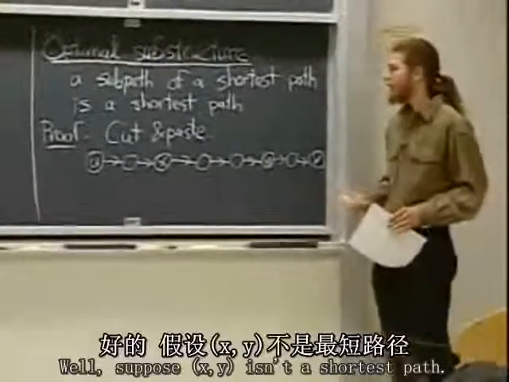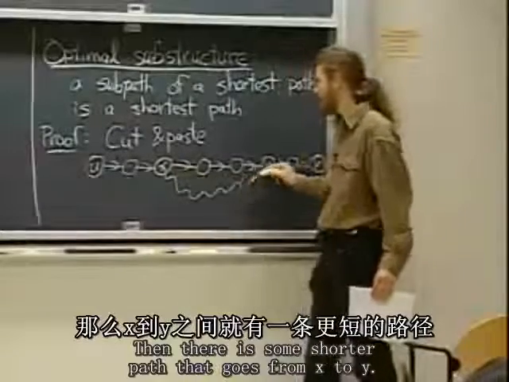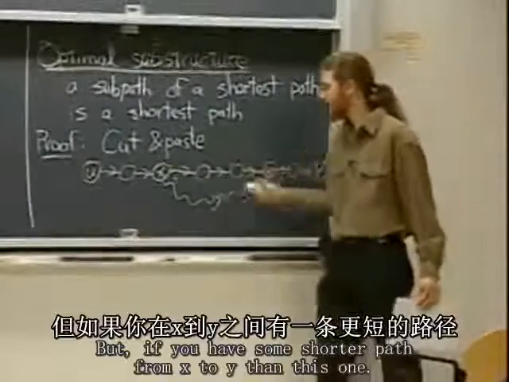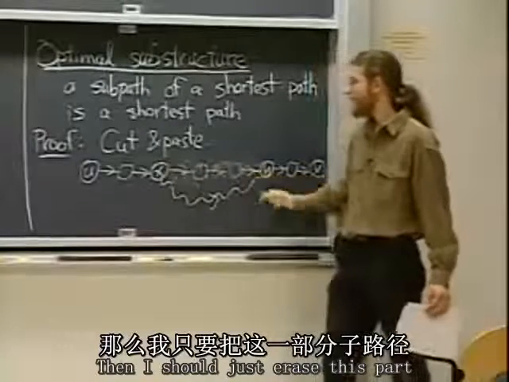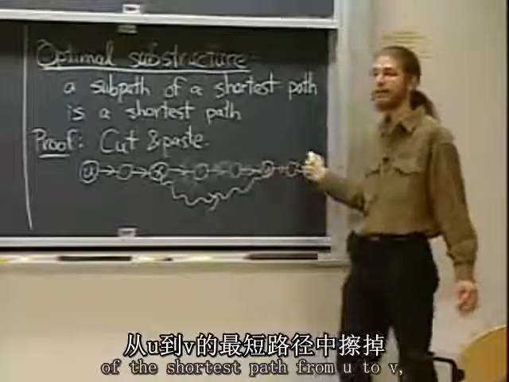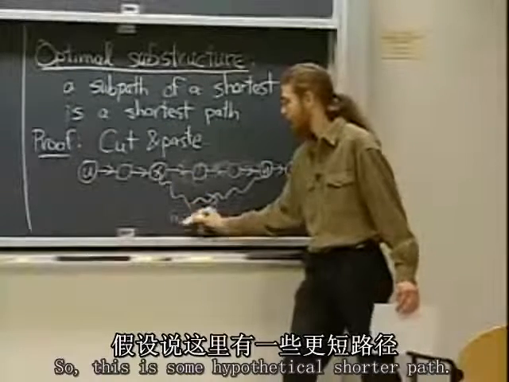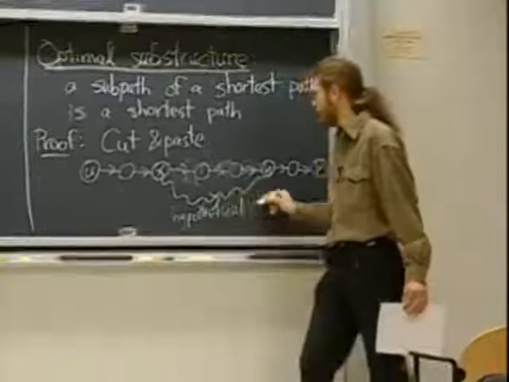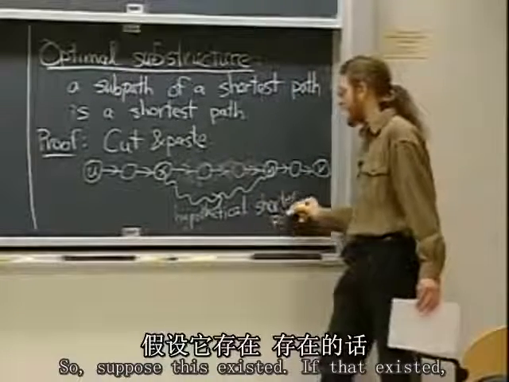Well, suppose xy isn't the shortest path. Then there's some shorter path that goes from x to y. But if you have some shorter path from x to y than this one, then I should just erase this part of the shortest path from u to v and replace it with this shorter one. So suppose this hypothetical shorter path existed.